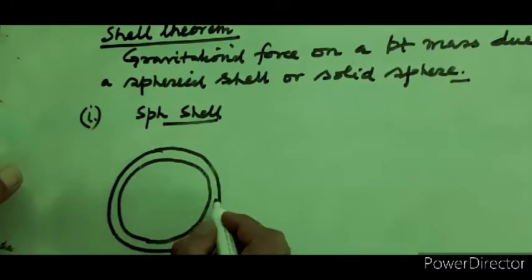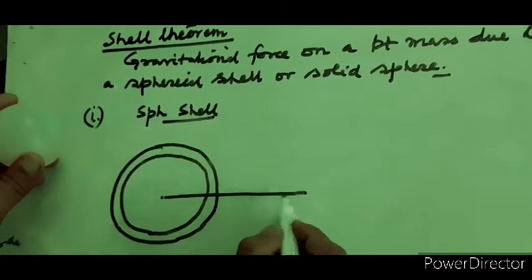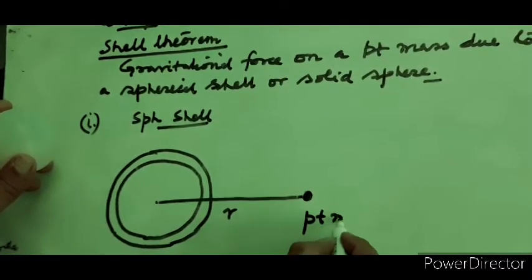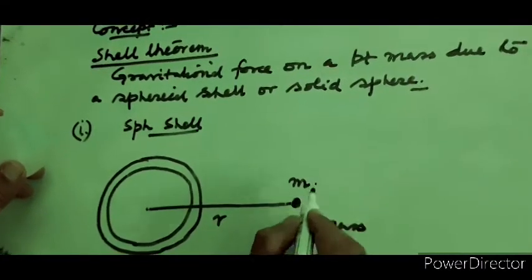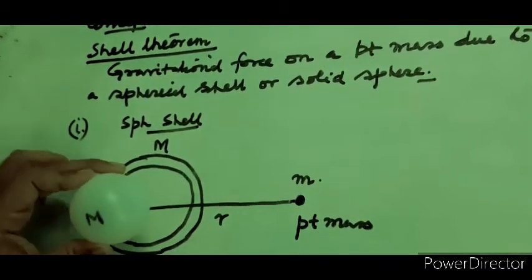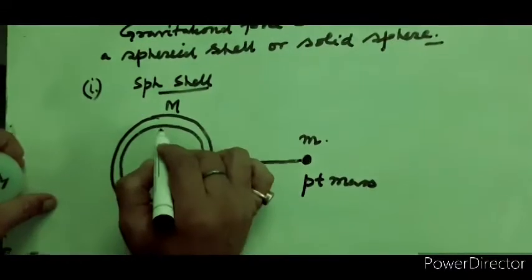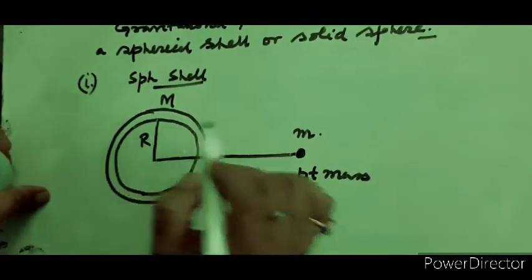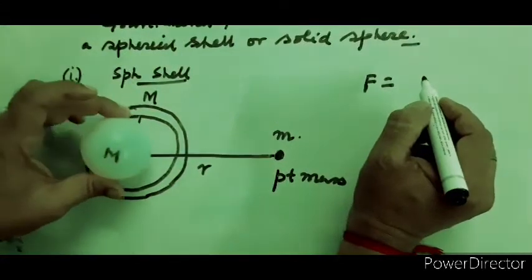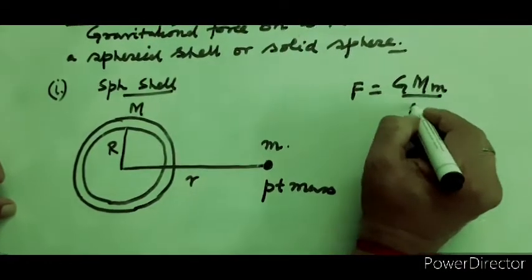So if you have the spherical shell, and at distance r from the center one point mass is there, say this mass is small m, and the mass of this shell is capital M. This is the point mass. The radius of this particular shell I have taken as capital R. Then the force between these two, this spherical shell and the point mass, is capital G M m by r square.